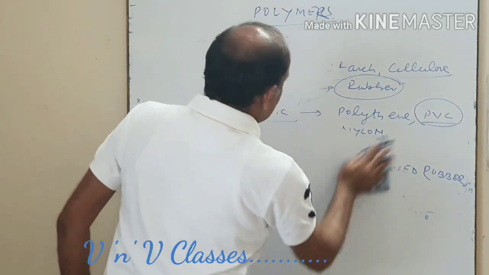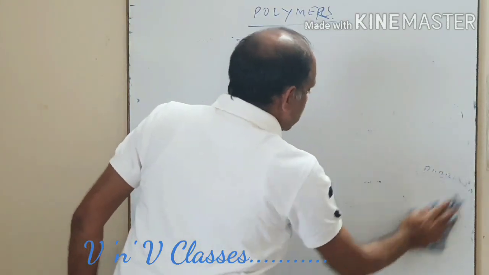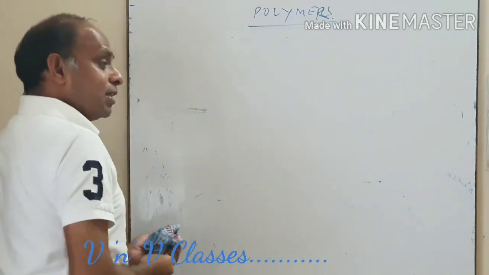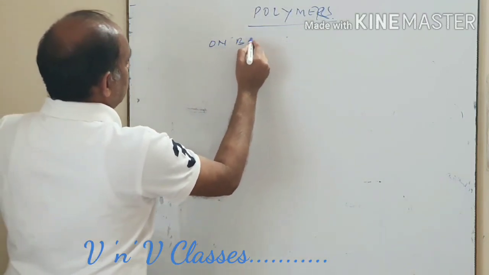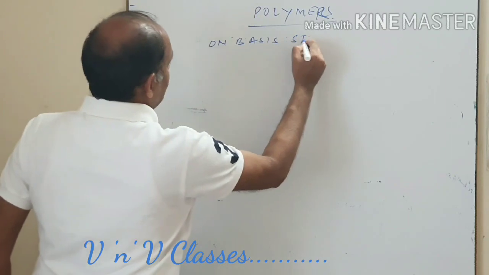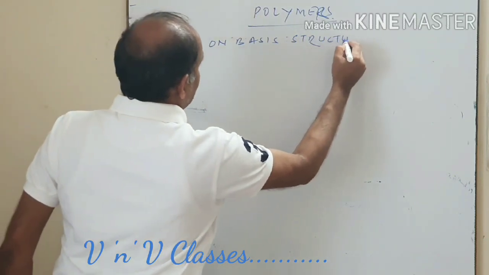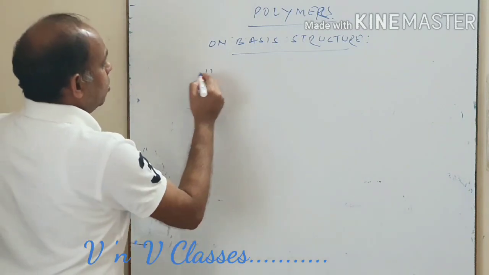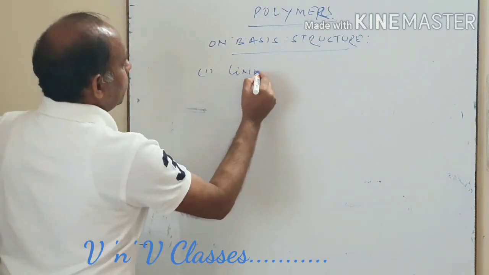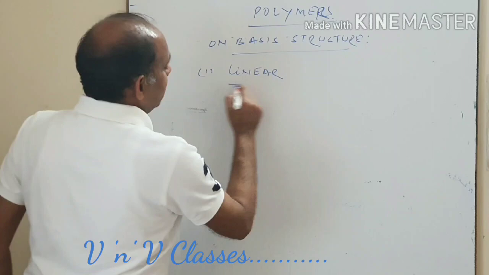Similarly, they can also be classified on the basis of their structure. Now how are these polymers classified on the basis of their structure? First of all, we have linear polymers. It's very clear, linear.